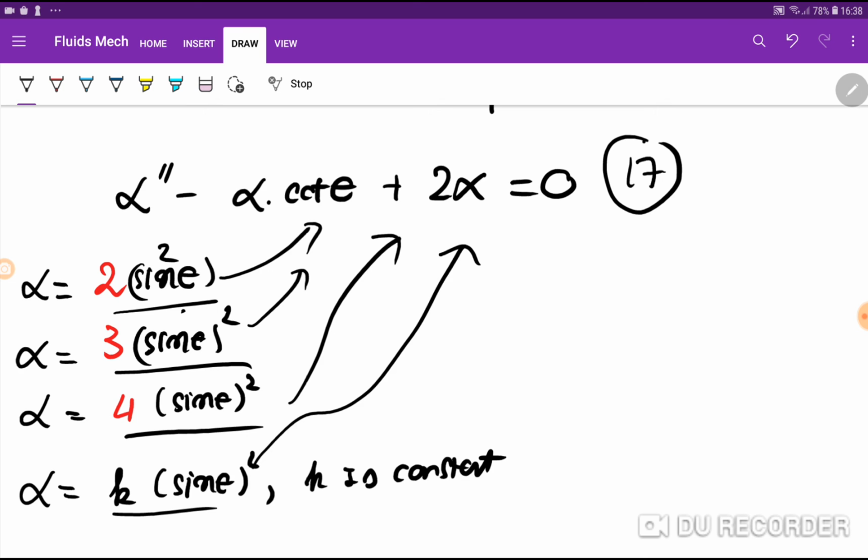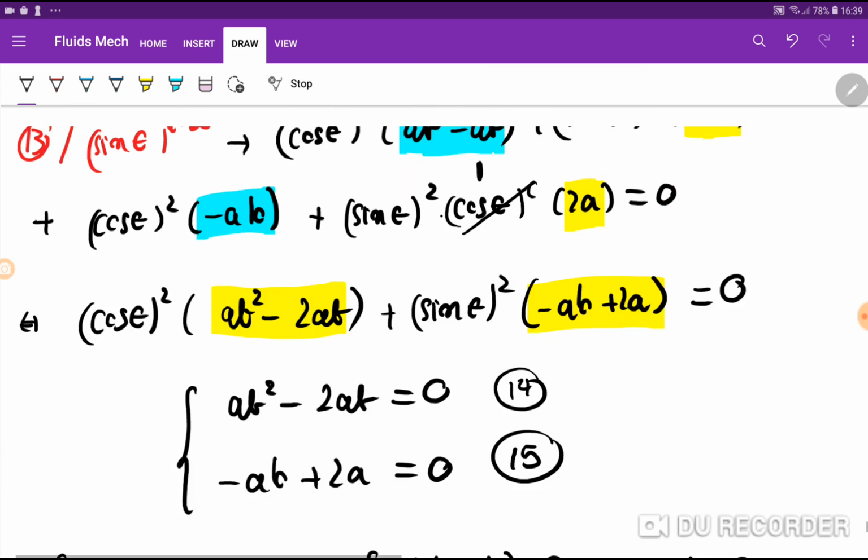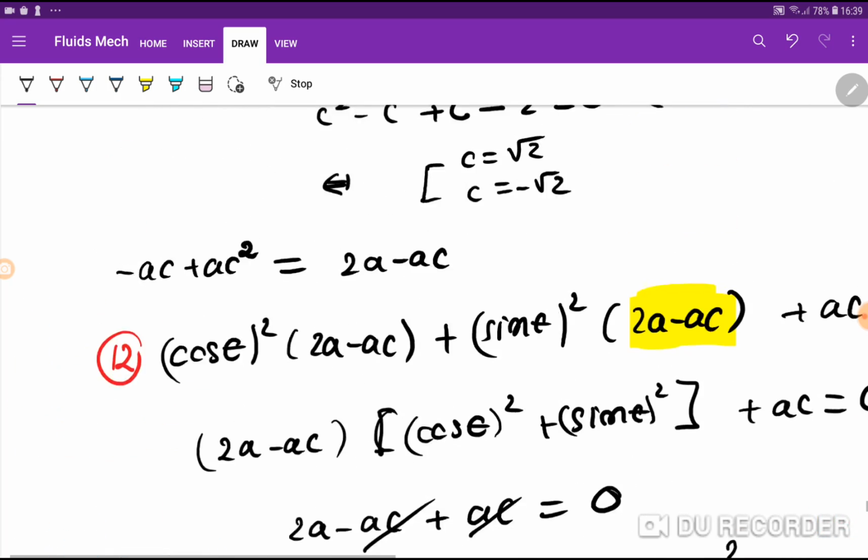And we, as students, mathematicians, physicists, human beings, we don't like complicated stuff. So we pick k equal 1. So in other words, alpha equal to 1 times sine theta square. That's it. I think that is the conclusion of the discussion of this differential equation.